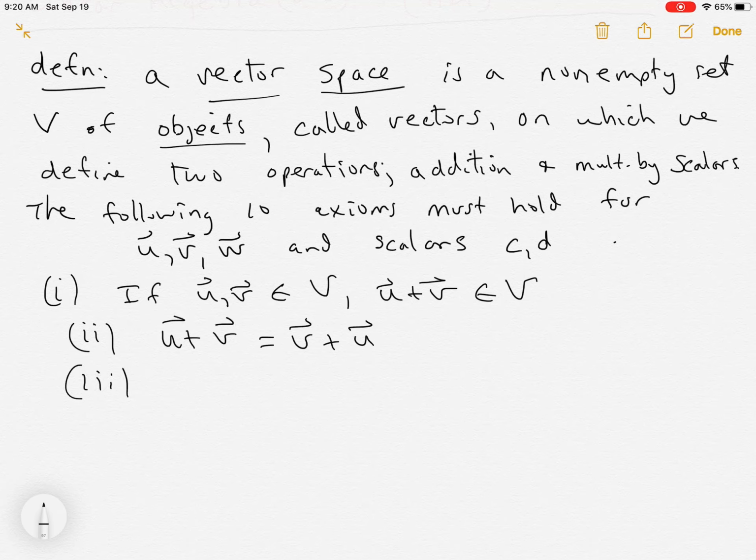Associativity under addition. We have (u plus v) plus w equals u plus (v plus w). All this has to be true.